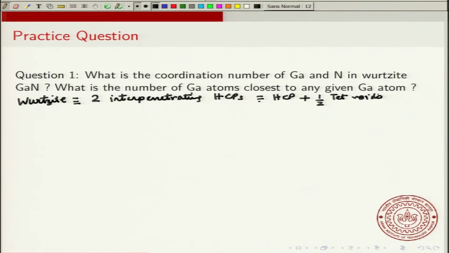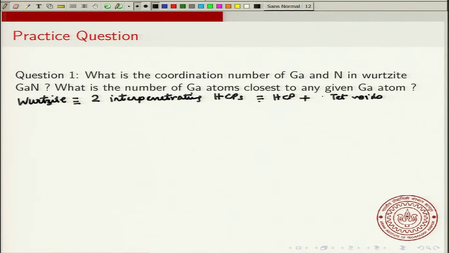And the moment you say half of the tetrahedral voids, you immediately realize what the coordination number is. So you can think of the gallium atom as occupying the tetrahedral voids.